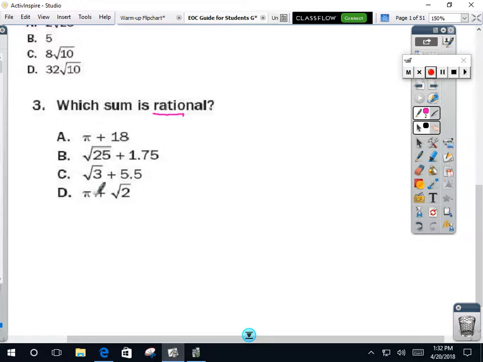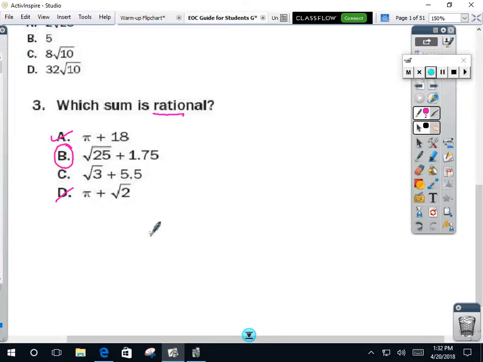Right, pi will never be rational, so A and D are out. Right, it has to terminate. Right. Correct. It is B.